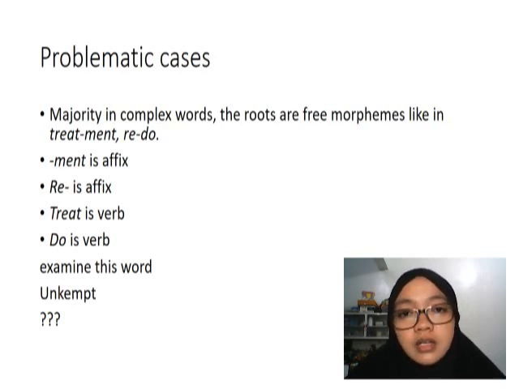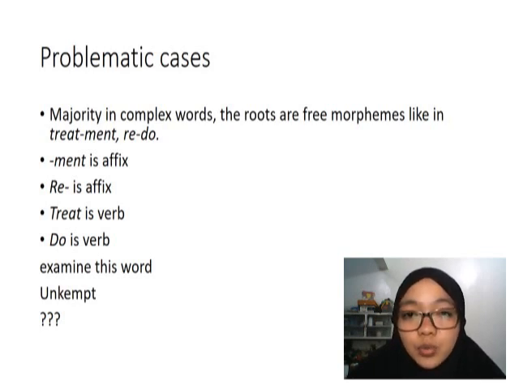What about the other example? We have receive. Do you know receive? Re and sieve. Do you think that receive consists of two morphemes? It seems like it consists of two morphemes, while in fact it is not. Receive is different from redo. Redo here means do again. But for receive, when we separate re from sieve, the sieve itself has no meaning.